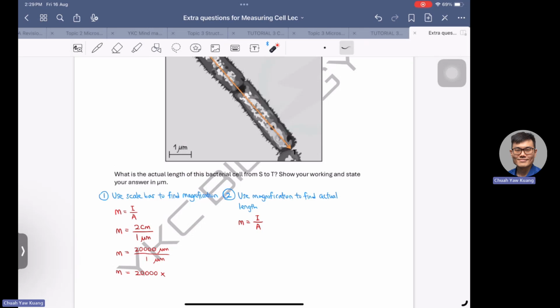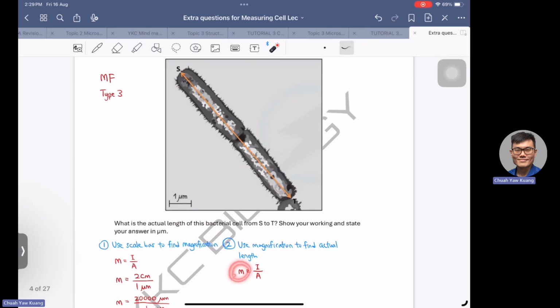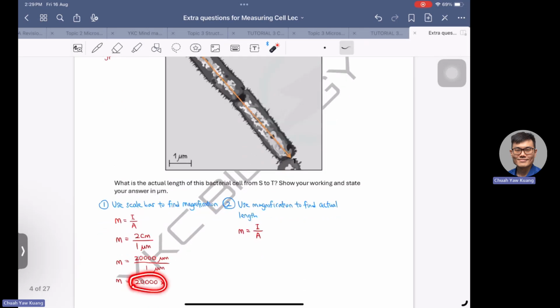Now we are finding the actual length of this bacterial cell, so for the image size you have to measure the length of this bacterial cell from S to T. The actual is the actual length of this bacteria, which is what we want to find. Based on the magnification we calculated just now, the magnification is 20,000, so we put that in.